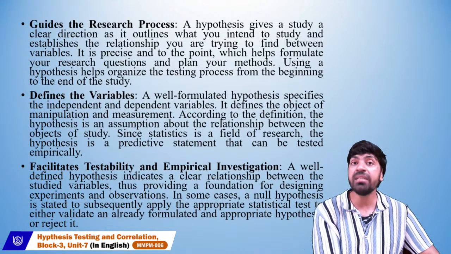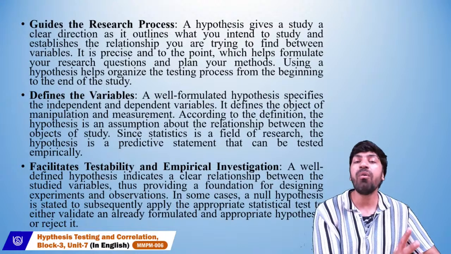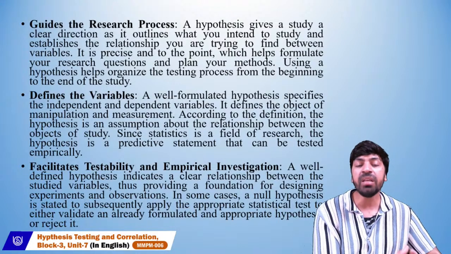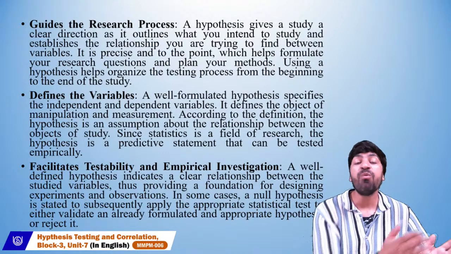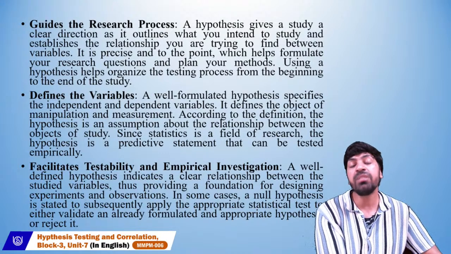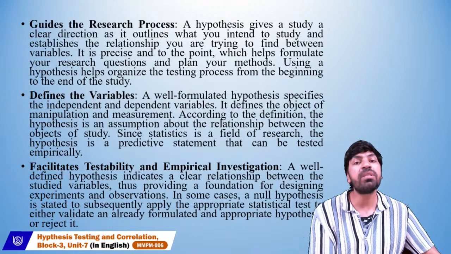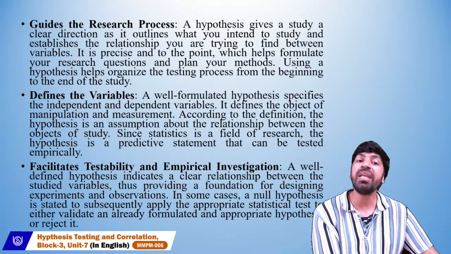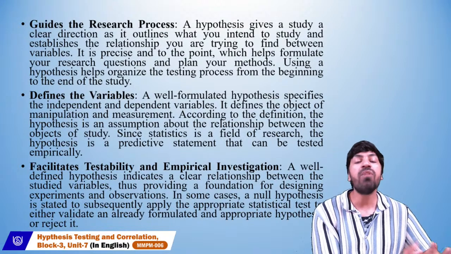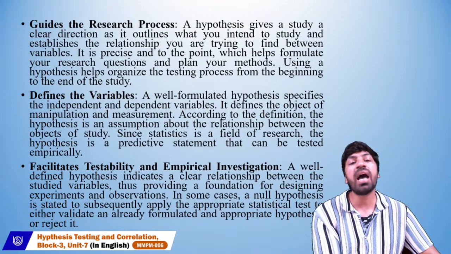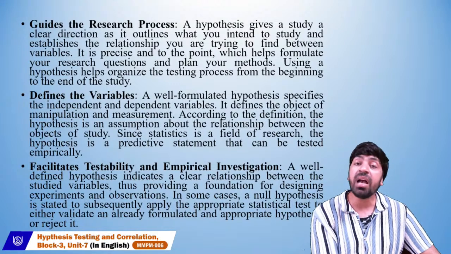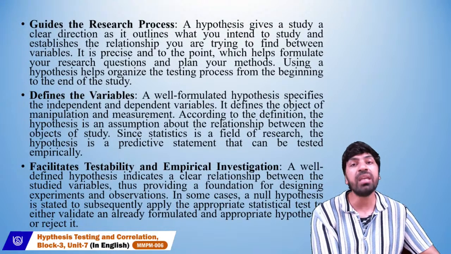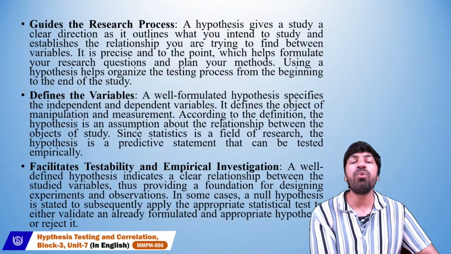It also defines how the variables could be measured or manipulated, and how the dependent variables will be measured and observed to assess the impact of the independent variable. According to the definition, a hypothesis is based on an assumption showing the relationship between two or more variables.